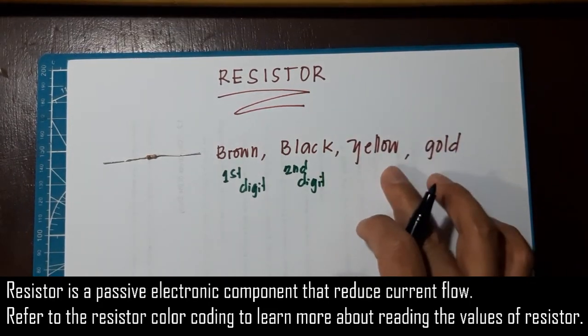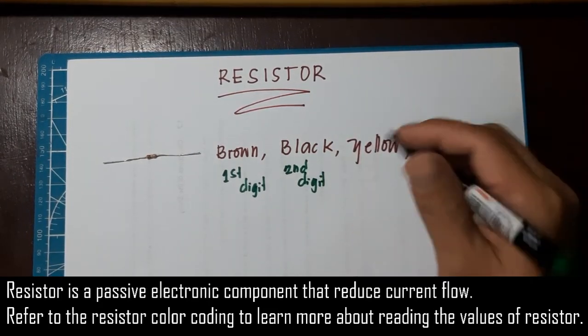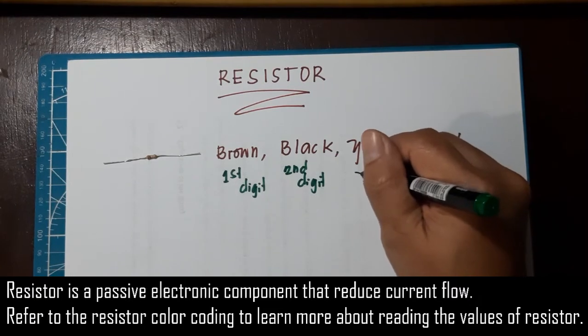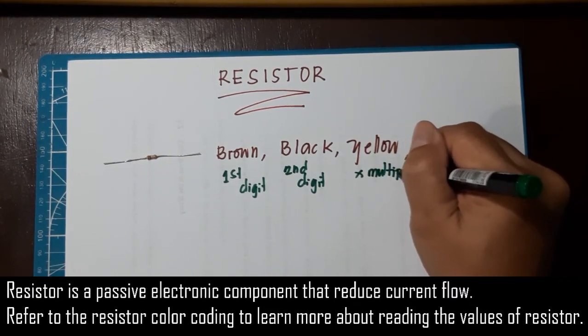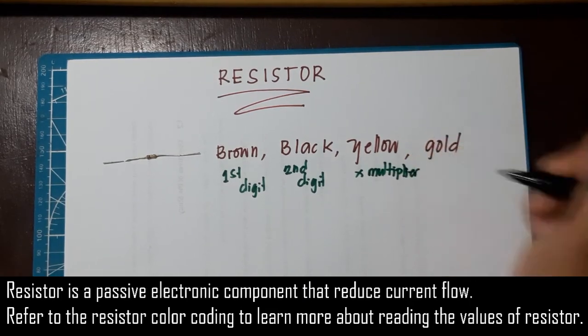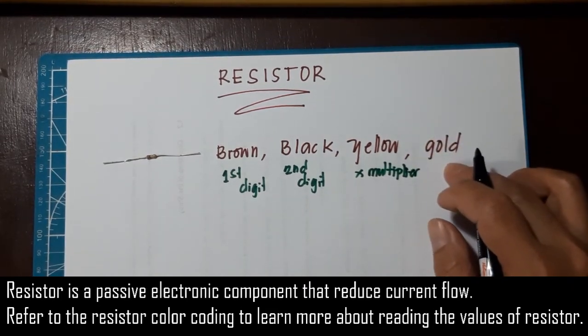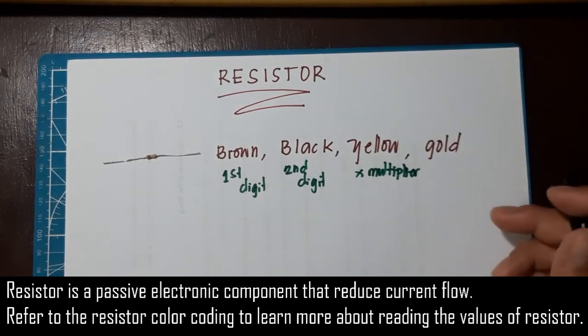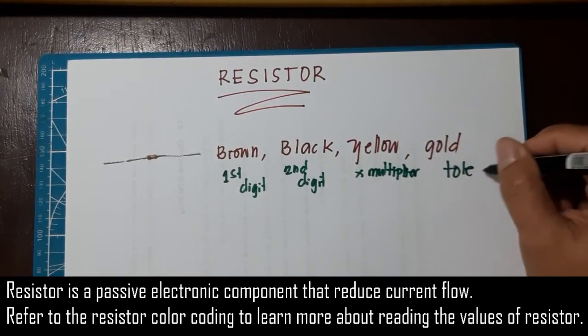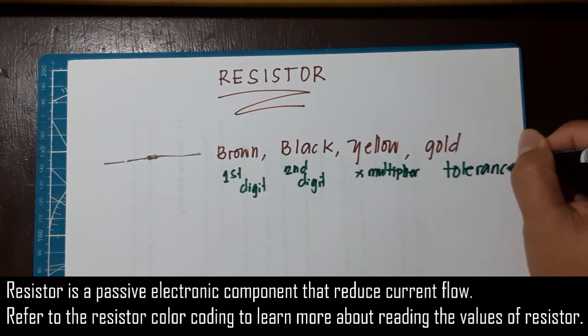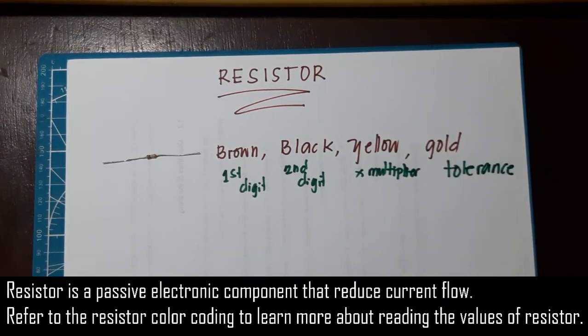The third one is our multiplier. And gold is our tolerance, or your resistor tolerance.